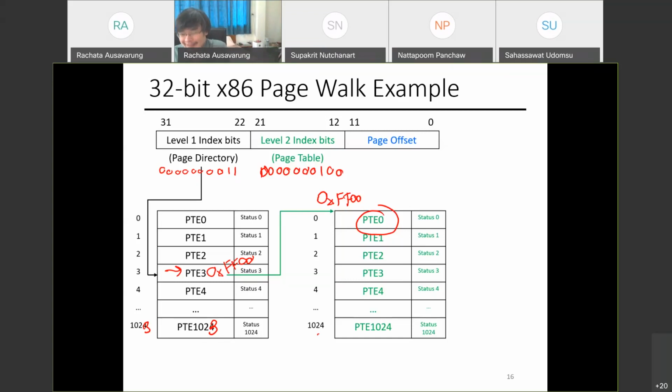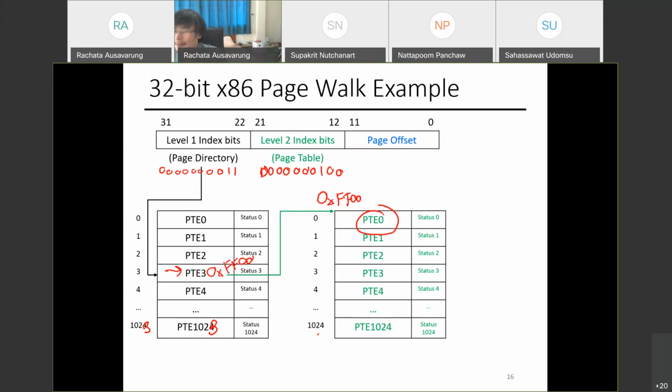Based on this structure, the first entry, you have 0xFF00 plus 0. That's the address of PTE0. What is the address of PTE1? 0xFF04, right? Because each one of these PTEs is 4 bytes. It's a 32-bit machine.